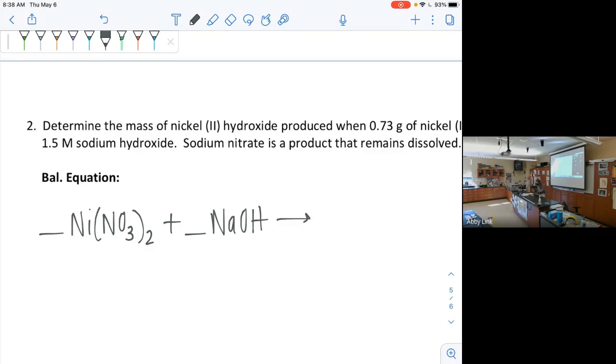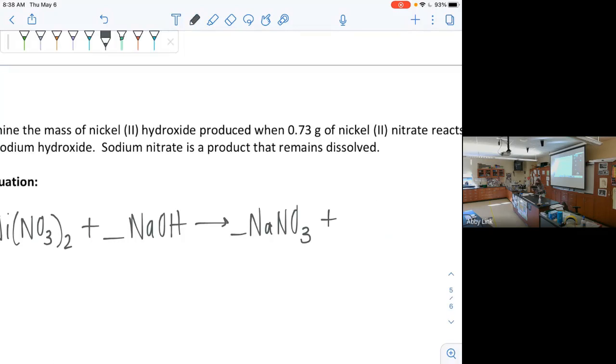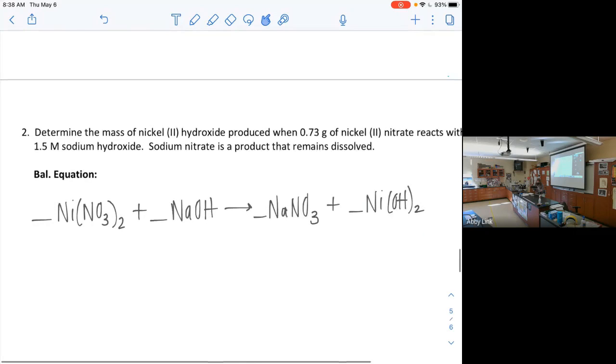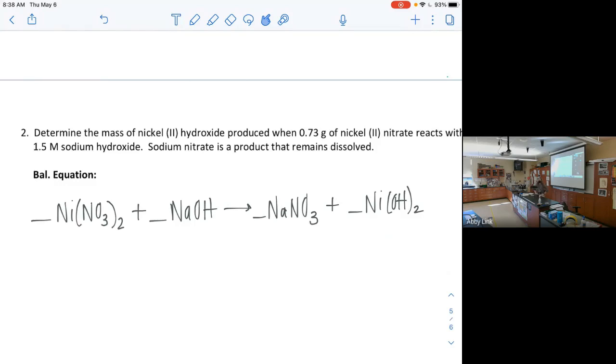And then they tell us that sodium nitrate is produced, so NaNO3, and that nickel 2 hydroxide is also produced. This to me looks like a double replacement reaction, right? They've switched partners here. All right, so let's balance. And we have 2 here, 2 here, and I think 1, 1, 2, 2, 1, it looks like.